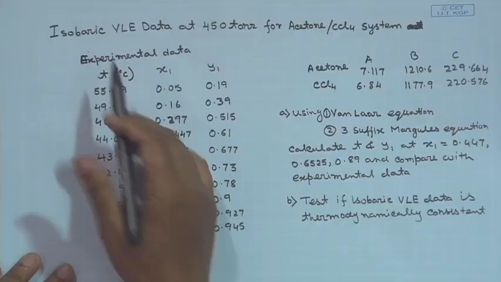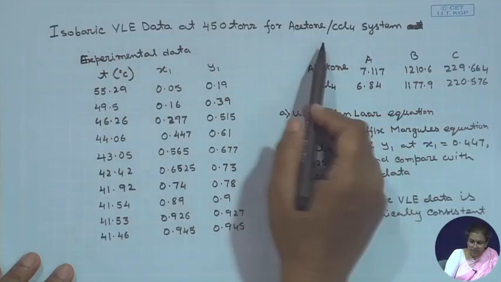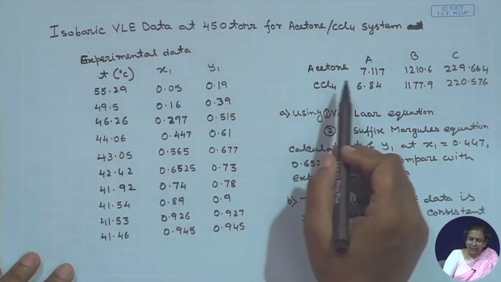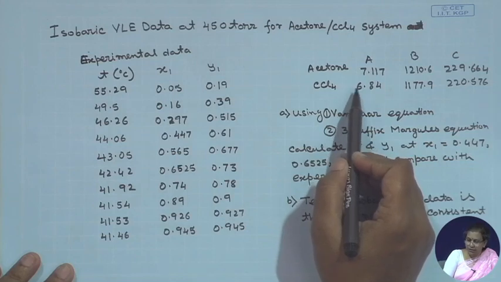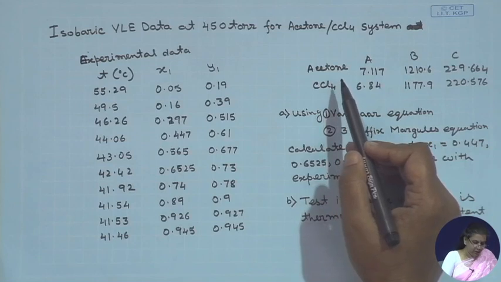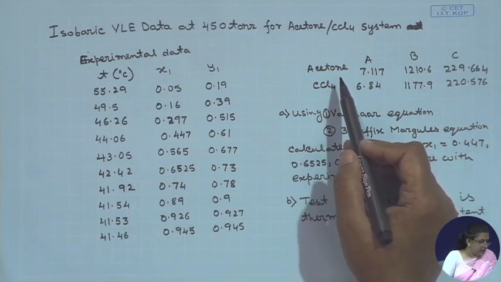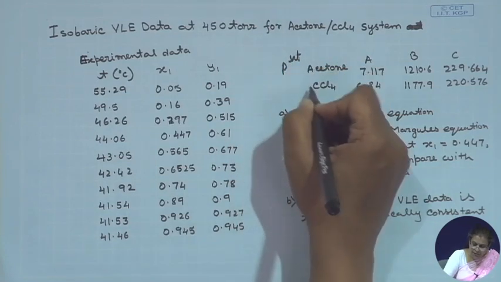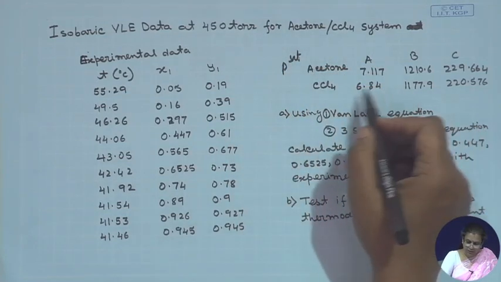In a similar way, there is one more problem you can take up. The previous problem gave you isothermal data. Here we have an acetone CCl4 mixed system, and we are providing you isobaric VLE data. In this case the P1 and P2 saturated are not provided; the Antoine's constants are provided, from which you can find the P saturated for acetone and the P saturated for CCl4.